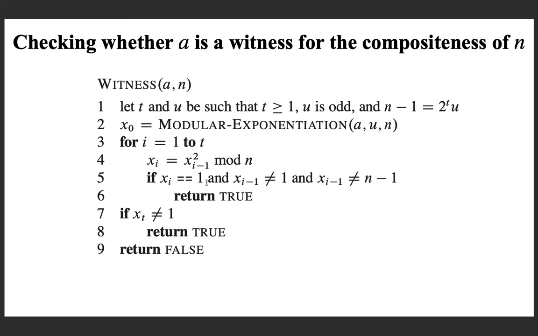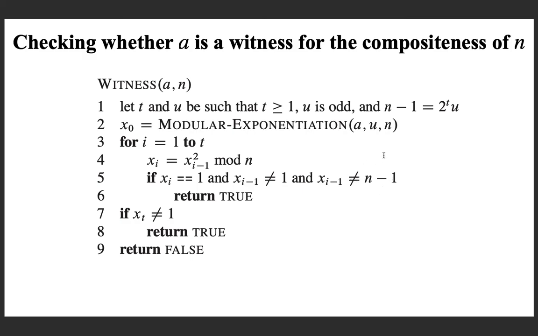And this is one improvisation. When you are in the process of finding a to the power n minus 1 mod n, you are checking whether you find a non-trivial square root of 1. Suppose the square you obtain is 1 and the previous number which is squared is neither 1 nor minus 1.